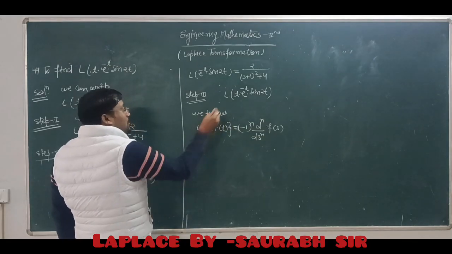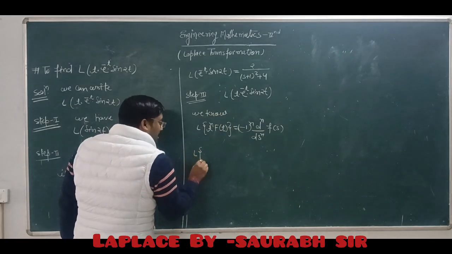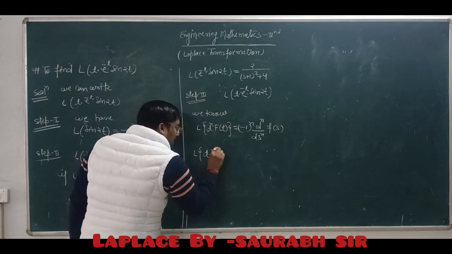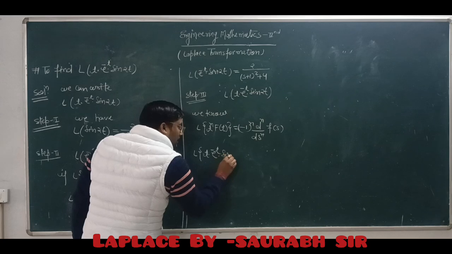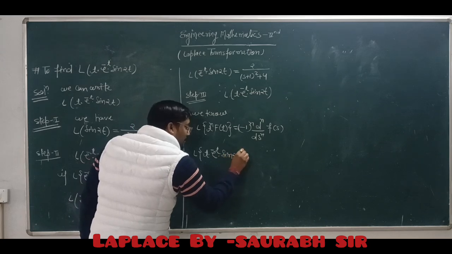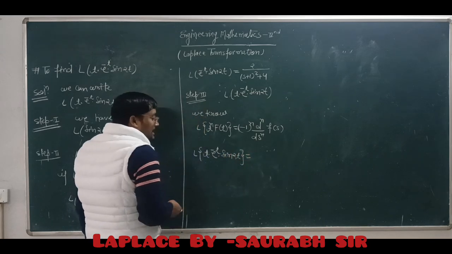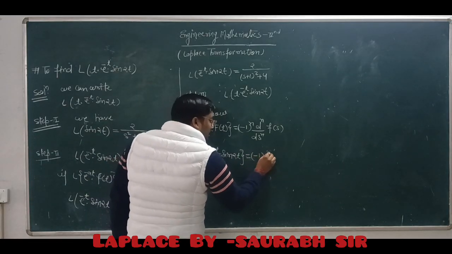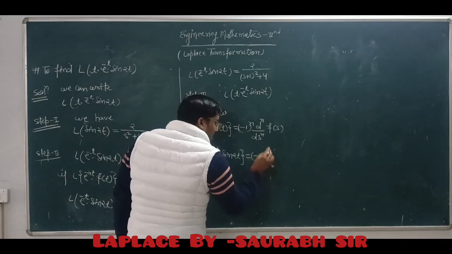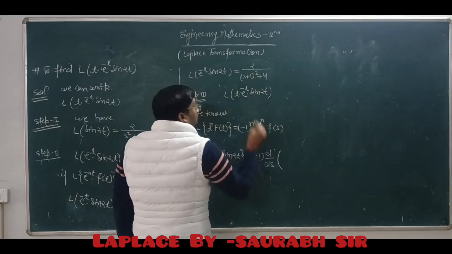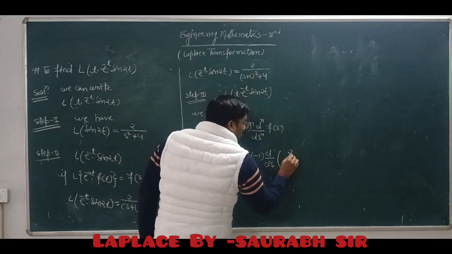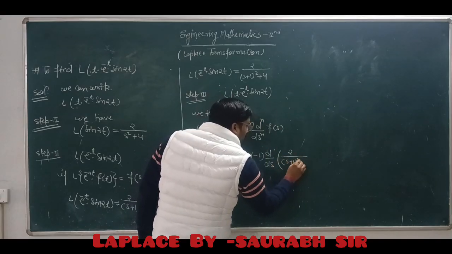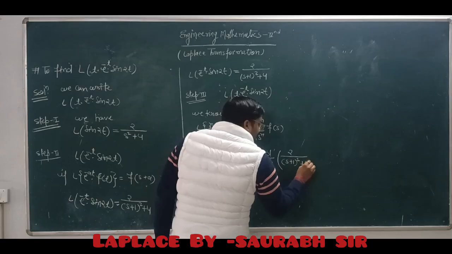So you put now L of t into e to the power minus t into sin 2t. You can write this minus 1 to the power 1 d upon ds. Now putting the value of this, 2 total upon s plus 1 to the power 2 plus 4.